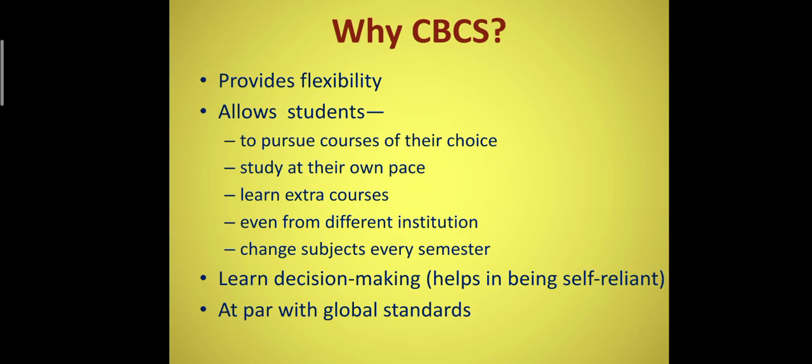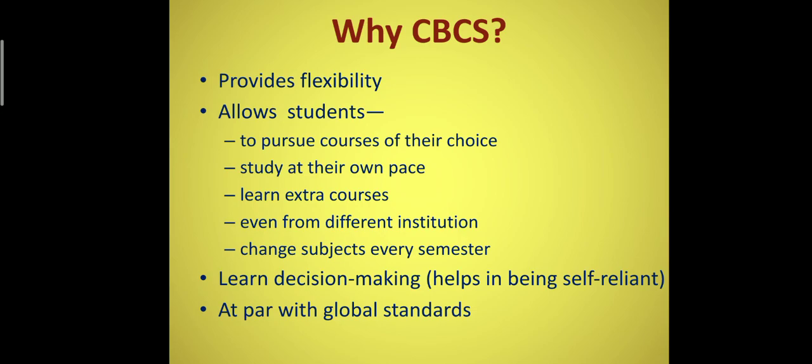CBCS system allows the student to study at their own pace. This is another benefit of CBCS, where the students can learn at their own speed. Different learners have different speeds of learning. Pace means speed, right?